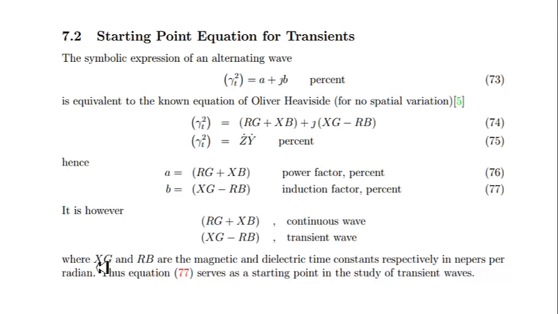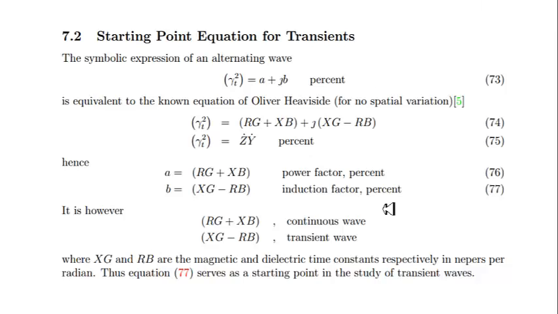So he says where xg and rb are the magnetic and dielectric time constants, respectively, in Nepers per radian. And thus this equation serves as a starting point for the study of transients. So this expression, he claims, is what gets us one step closer to understanding the transient components of the waves.